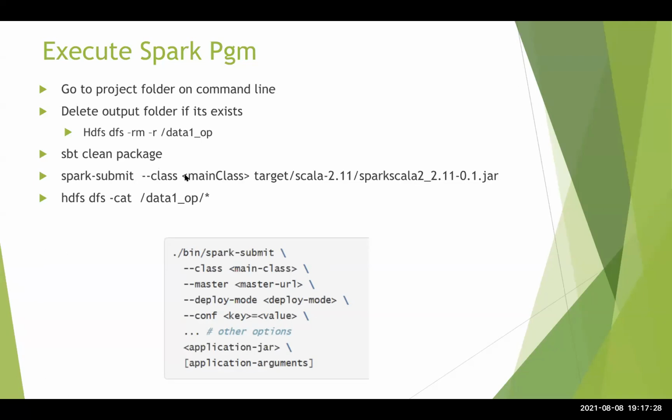So in Spark submit, with the class option, you have to give your main class name, not method, main class name. This is your driver class name, honestly. Once you package it, you tell Spark that this is my main class, which is nothing but your driver class, and this class and other related application code exist in this jar.